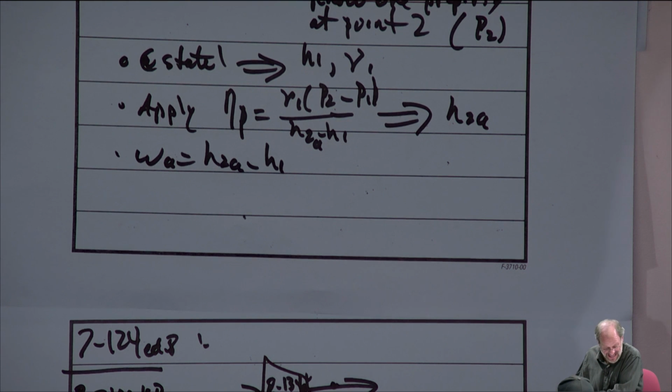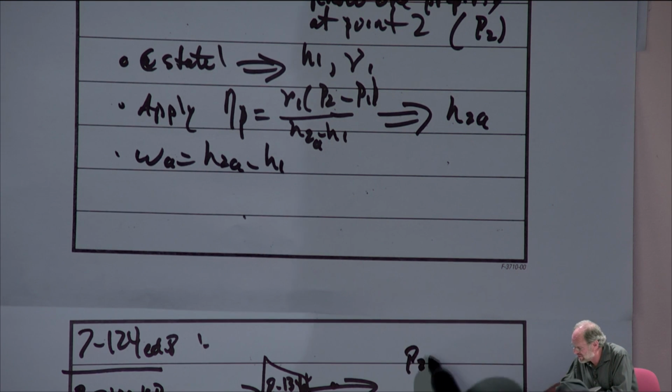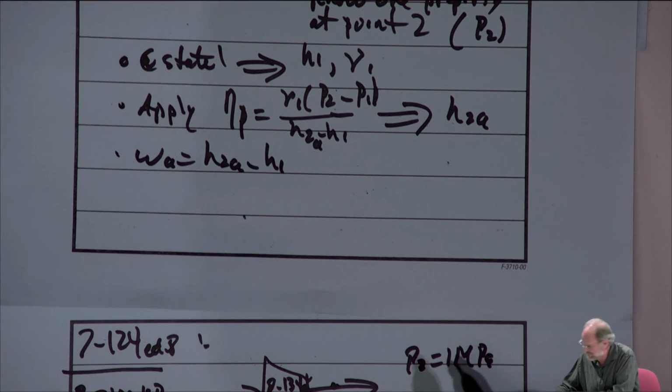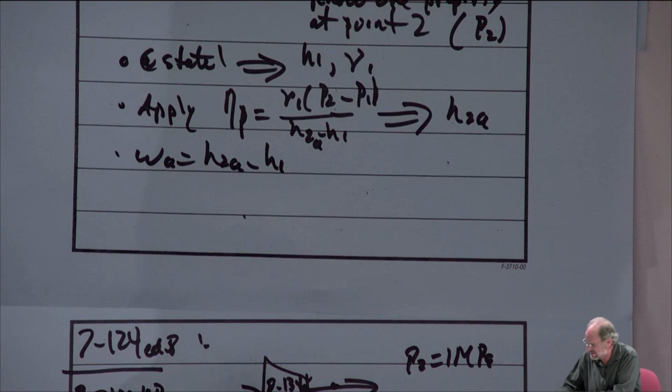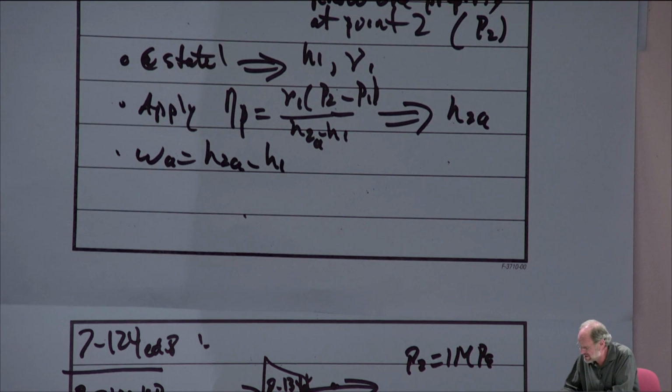And then at the exit, we know the pressure. So P2 is 1 megapascal. Oh, we're also given the volumetric flow rate. In fact, the volumetric flow rate was given at the inlet, so this really needs to go over here. V dot 1 is 0.7 cubic meters per minute.